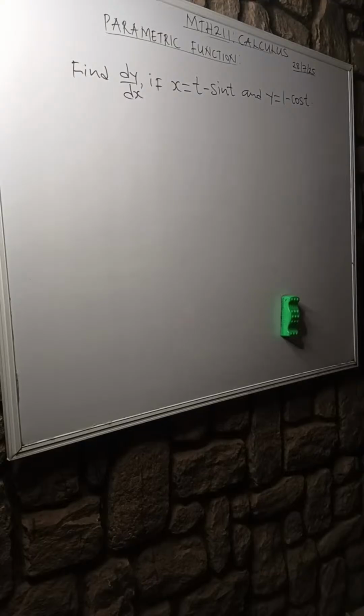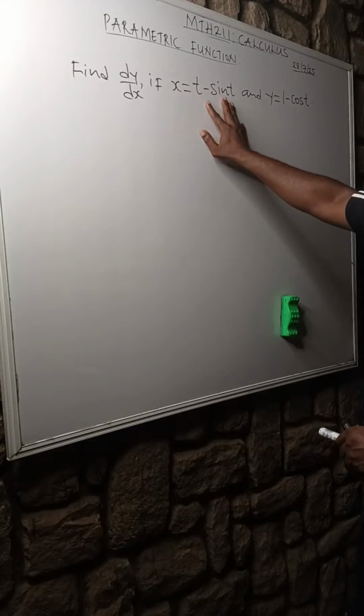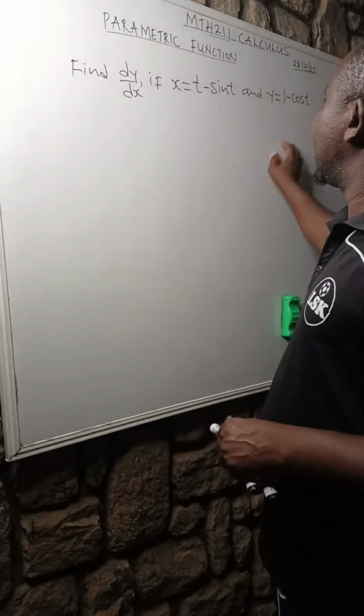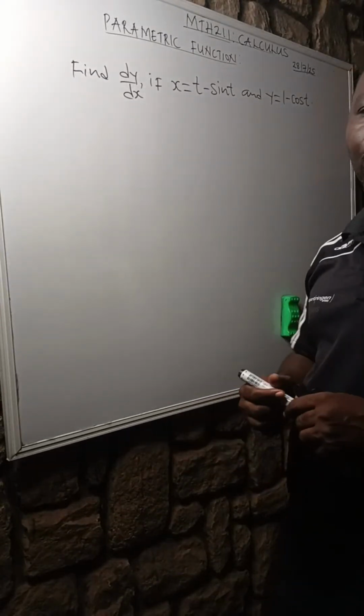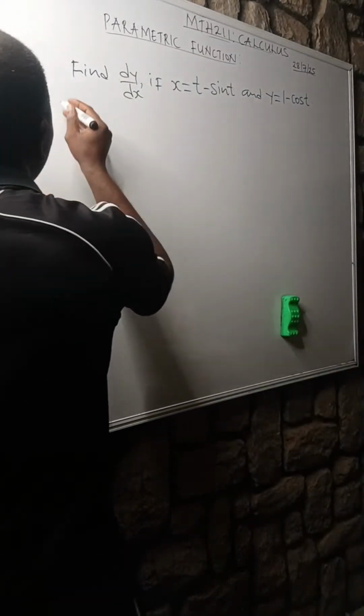So when you come across questions of this form, do you need a prophet to tell you? No. You don't need a prophet. True or false? So look at the functions. We have x equals to this, y equals to this. So it means these are parametric functions, which you know how to go about. True or false?